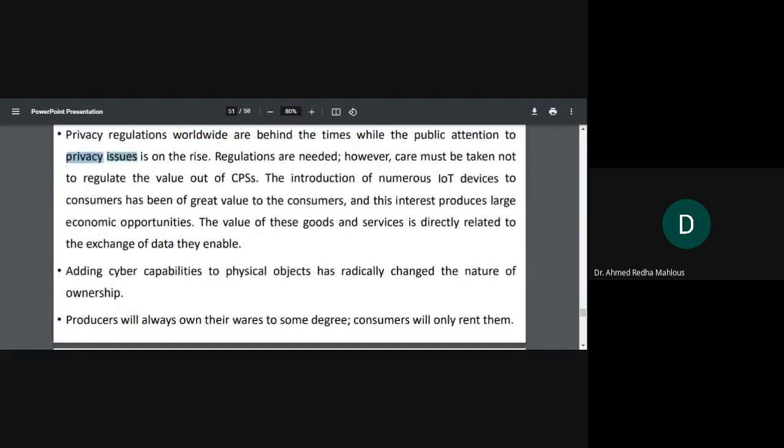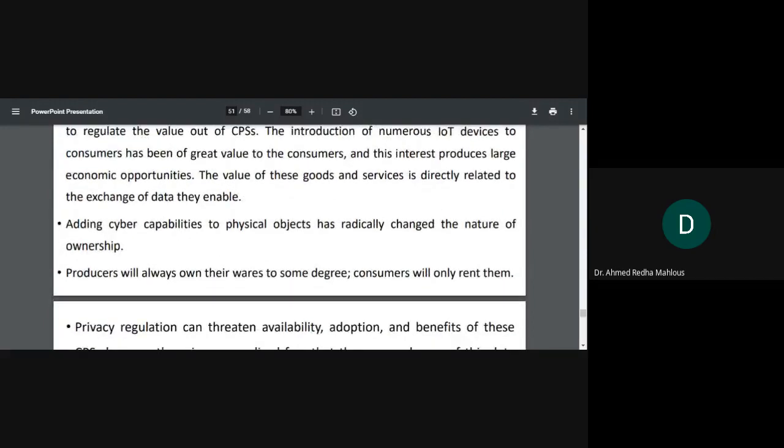So there is a challenge between regulations related to CPS devices and the privacy issue raised by some groups of people in many countries.